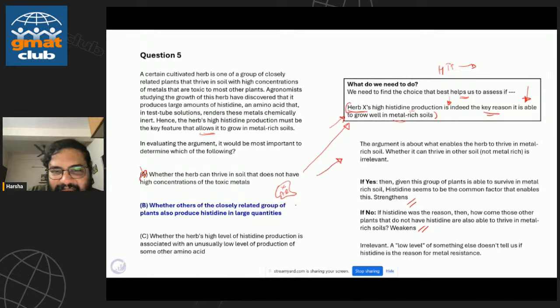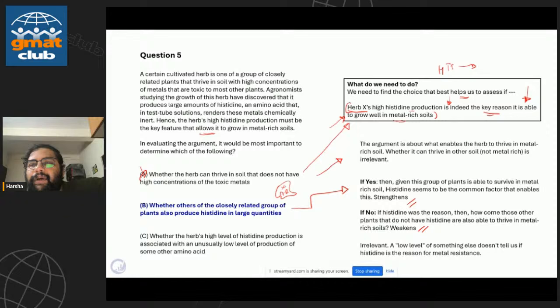So, if the answer to this question is yes, so yes, even the other plants in this group, A and B, are able to survive and thrive in metal rich soil, then it really makes you believe that histidine must be that factor, right? Because what do we know about all these plants in this group?